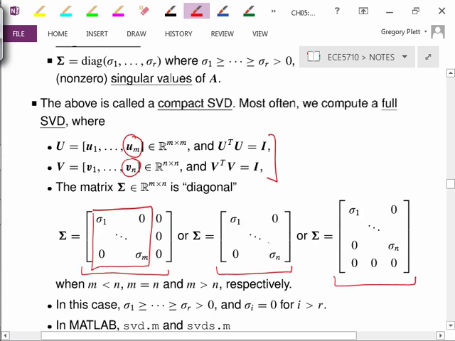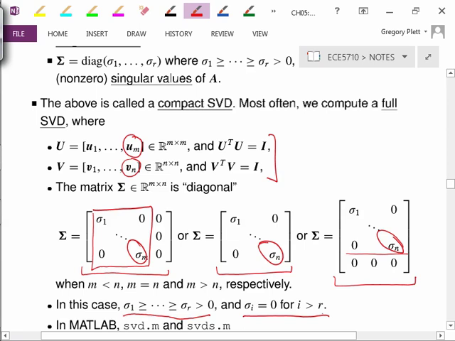If it's square, then it's going to have sigma 1 through sigma n, and if it's tall, then it's going to have sigma 1 through sigma n on top of a bunch of zeros. In this case, we have sigma 1 through sigma r strictly positive, as they were in the compact SVD, but there are some possibly extra entries to fill up the diagonal where sigma i is actually equal to 0.